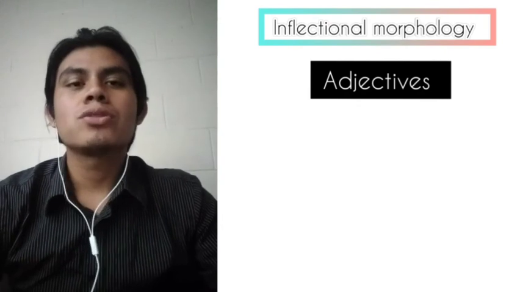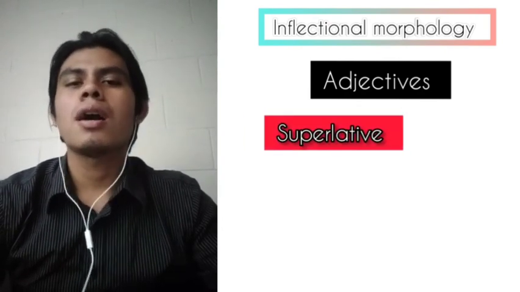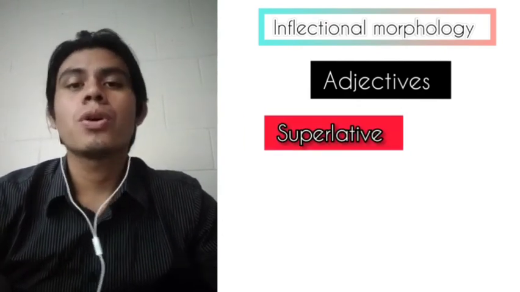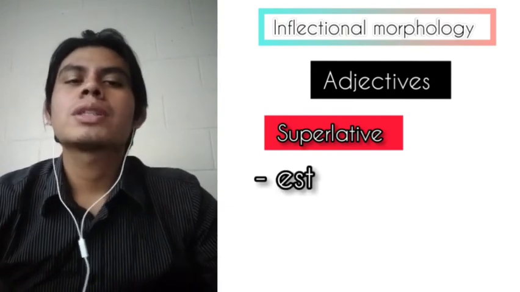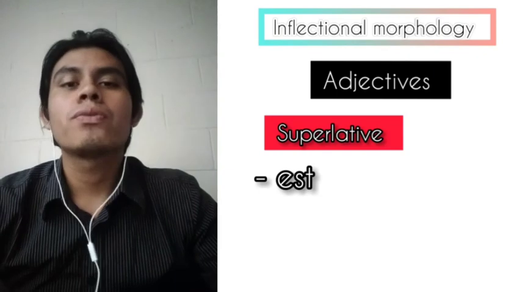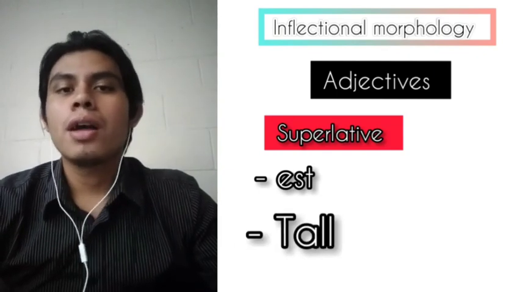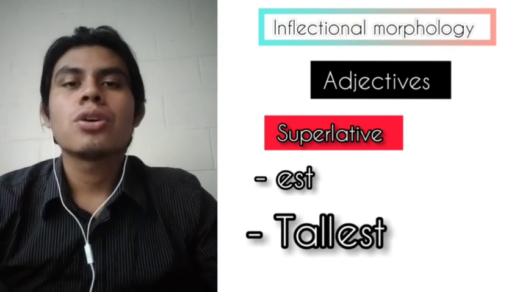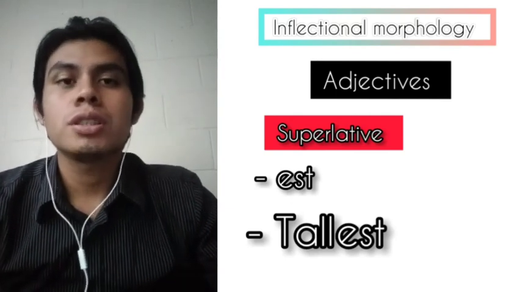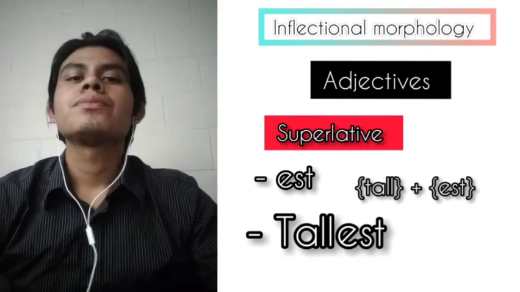And also we have the superlative. As we know, in this we only add the est, right? For example, in the same word tall, we only add est. Tallest, right? So the inflection occurs in this word, right?